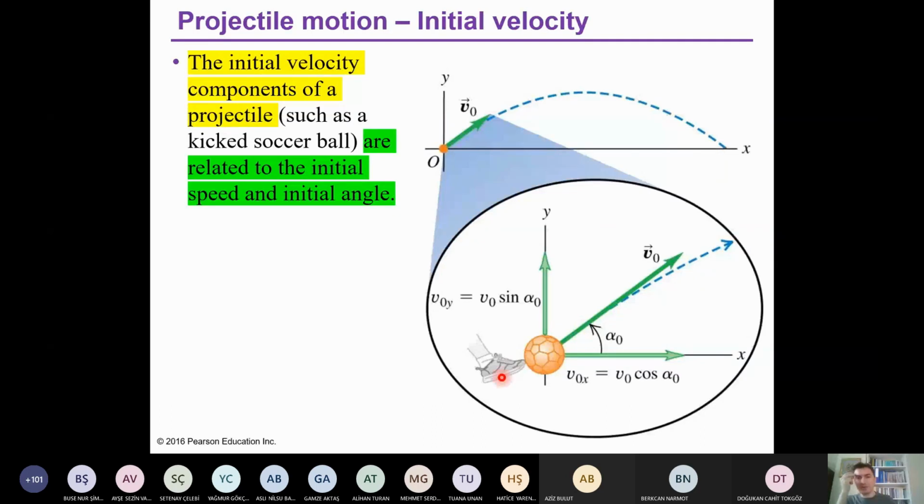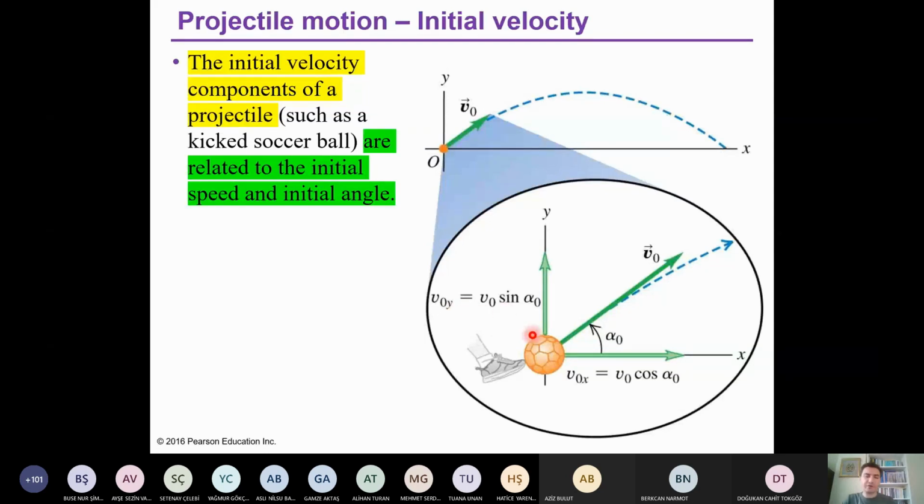You hit this soccer ball and it has a certain initial velocity given by V0, and this is alpha 0. So the x component of this velocity is V0x, V0 times cosine alpha 0. And the y component is V0y, equal to V0 times sine alpha 0.